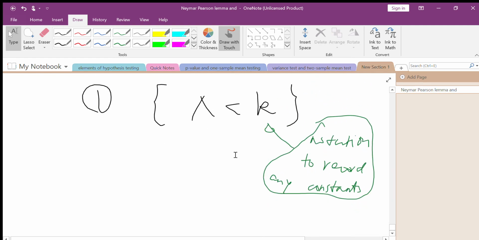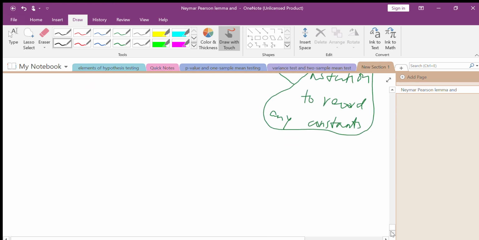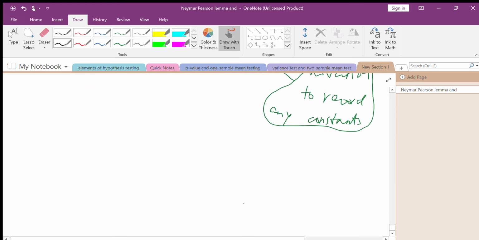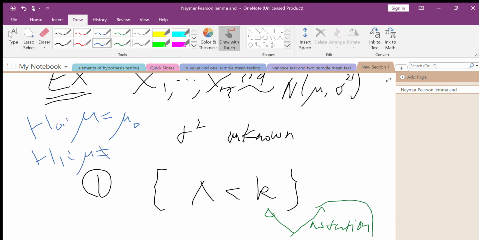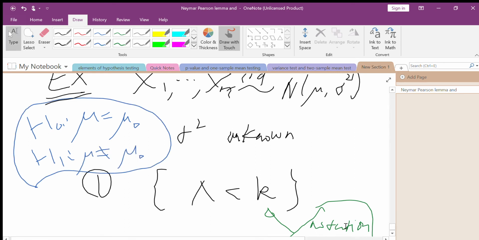So first, how to calculate capital lambda in this case? Okay, sorry, we haven't written the specific testing problem. The test problem is a double-sided test: H0: mu equals mu 0, H1: mu not equal mu 0. This is our testing problem of interest.